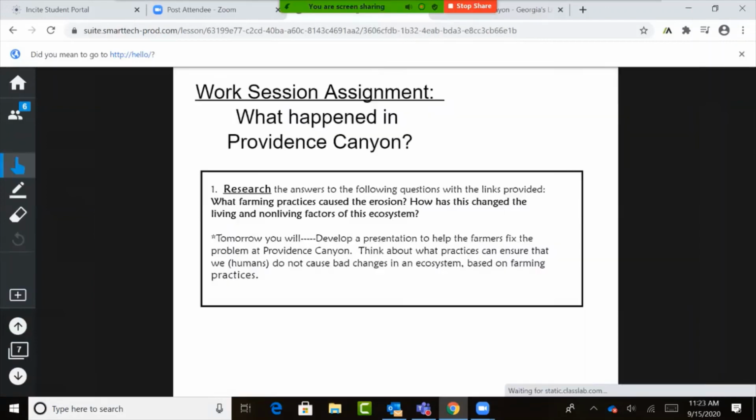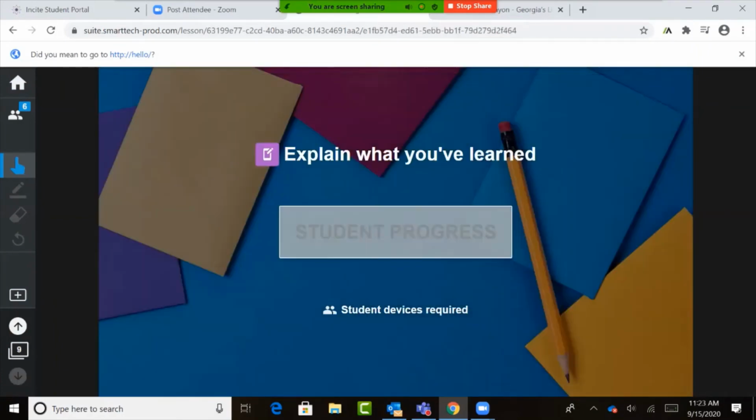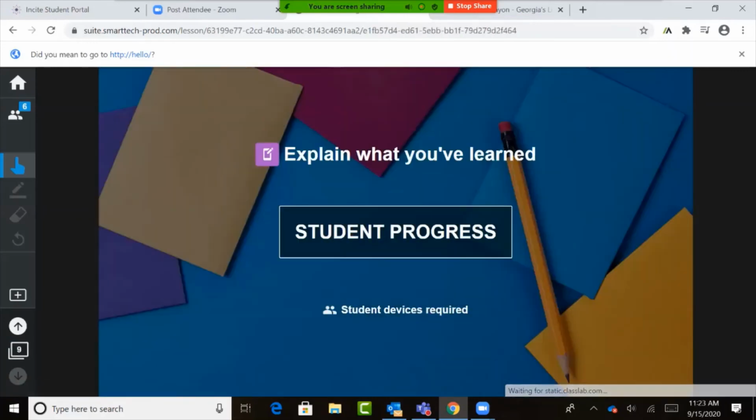So now that we have gotten through this, I don't have any students that have done that, but I want you to go to slide 9 here. And I want you to explain what you've learned, if you are able to, on your device.